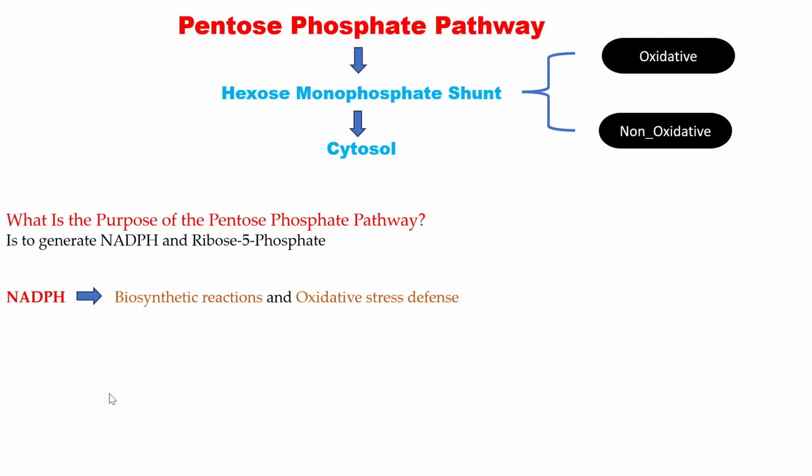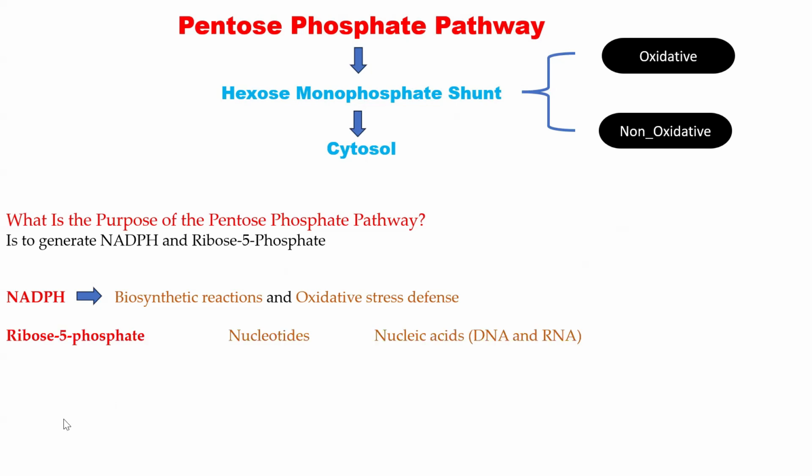As a lot of metabolic reactions take place in our body, we generate oxidants, for example hydrogen peroxide, H2O2. H2O2 and other oxidants are very dangerous in our body, and we have to eliminate them. So this NADPH is important in preventing oxidative stress in the body by neutralizing the oxidants.